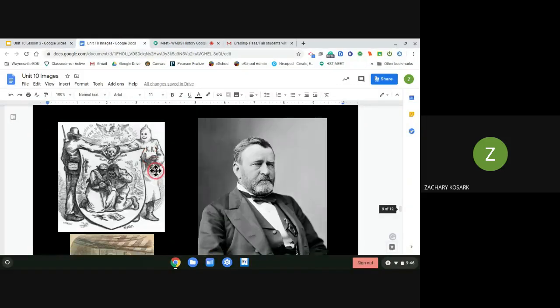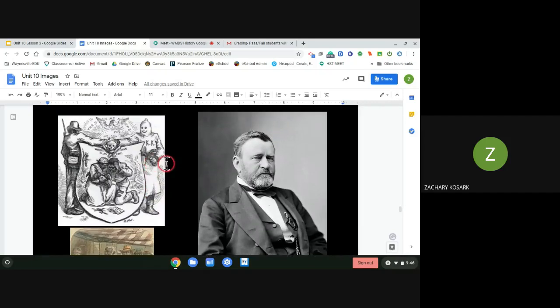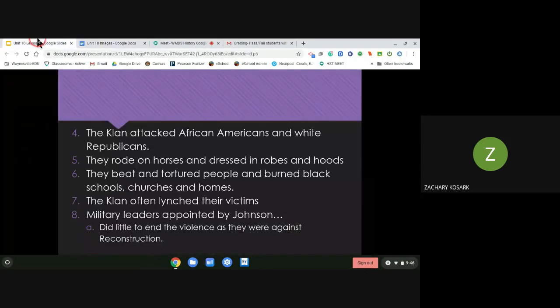So the Ku Klux Klan is siding with those Southern Confederates to essentially keep African Americans down, or as they would say, maybe in their place, which they see as below them.